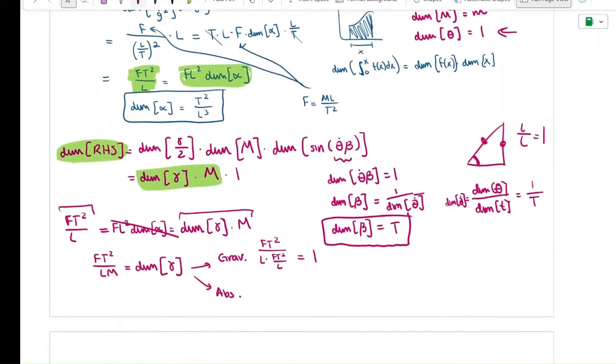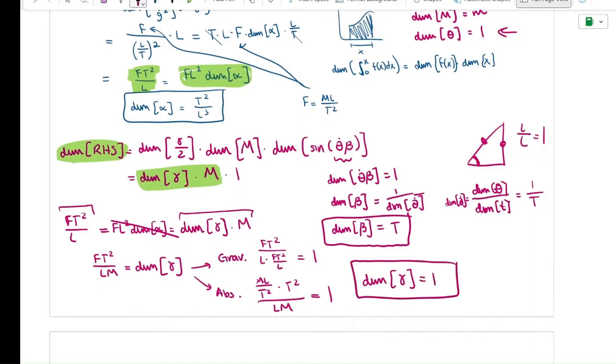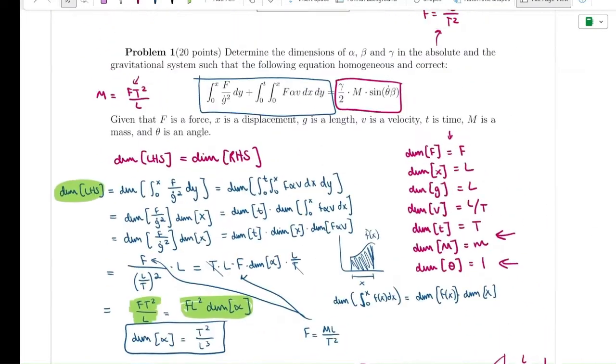So we get m l over t squared times t squared over l m, everything cancels and we end up with 1. So clearly the dimension of gamma is equal to 1, and it's the same in the absolute and gravitational system. So those are our answers for problem 1.